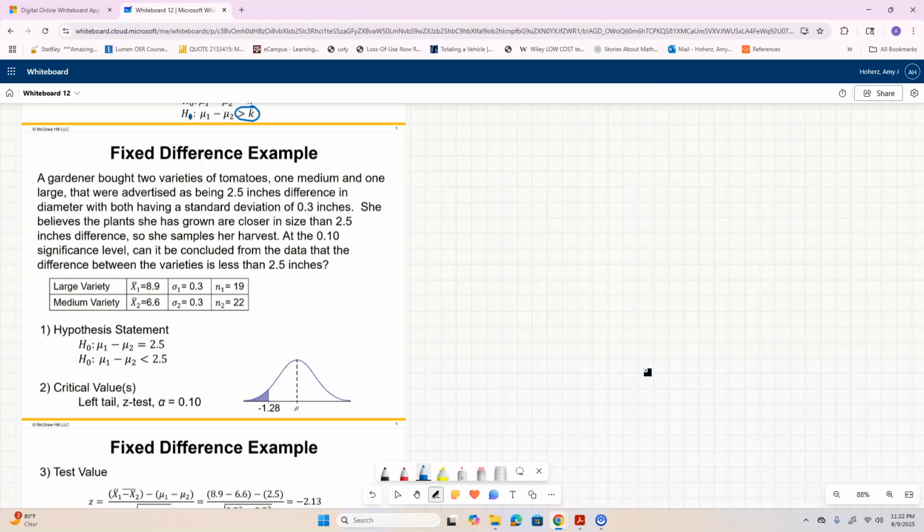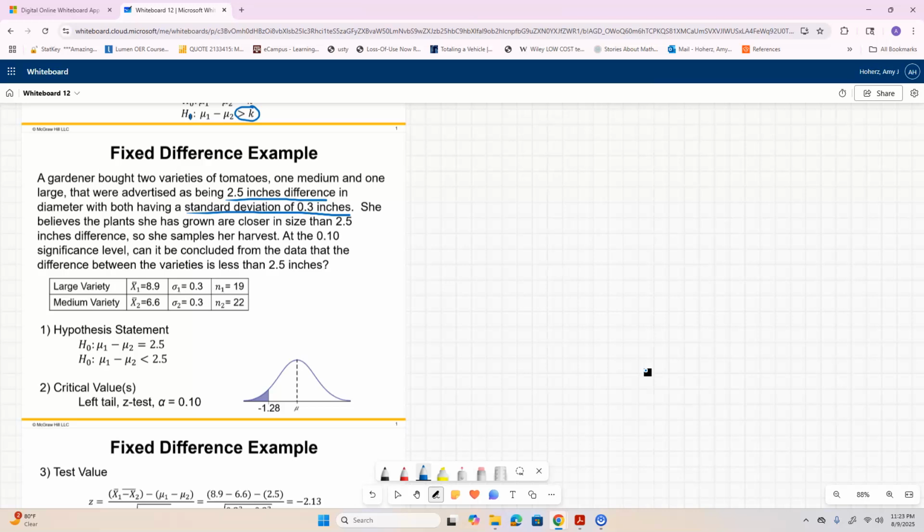So these are something that is known, two varieties that have been grown a lot, measured a lot, and maybe on the package or in an advertisement, as it states here, the medium variety and the large variety were advertised to be 2.5 inches difference in diameter. And then both of them have a standard deviation of 0.3 inches.